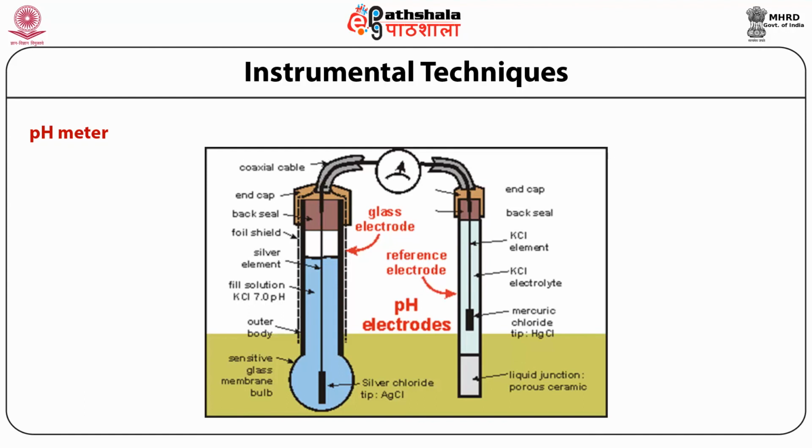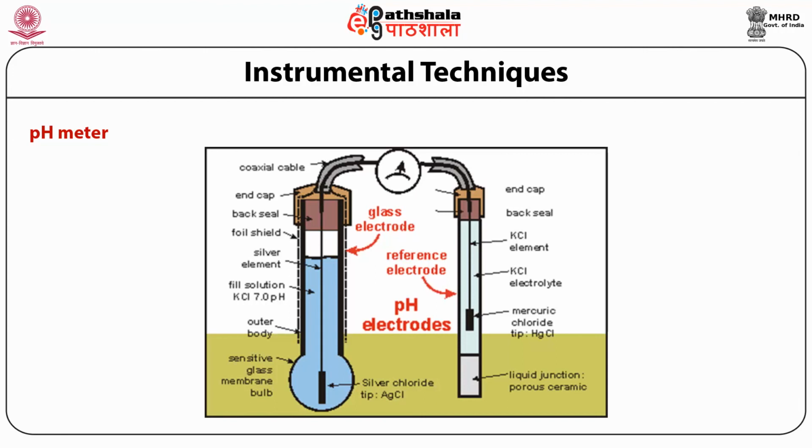As we immerse this pH electrode into the water, at the surface of the glass membrane the hydrogen ion and the sodium ion are transported, and a double layer of ions exists at the surface of this glass electrode, which works as the sensitive electrode for the determination of pH in a given water sample.